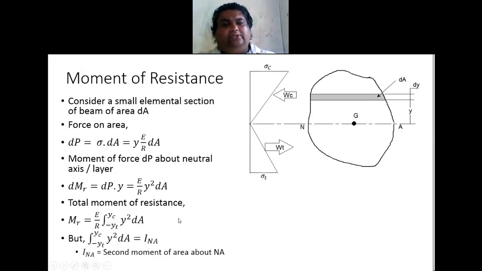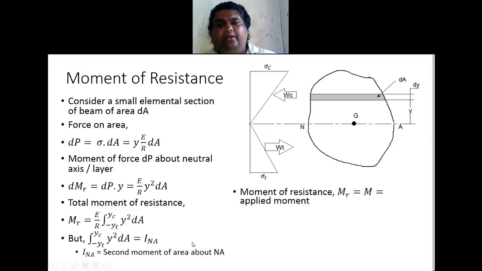So when you do this, this is called the second moment of area about the neutral axis, right? Now the moment of resistance Mr is equated to the applied moment, right?